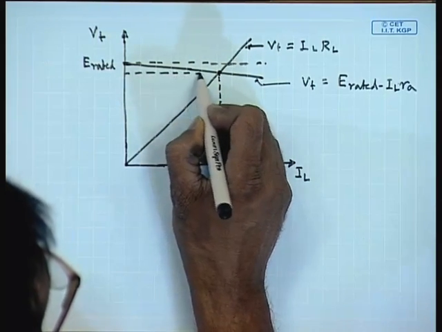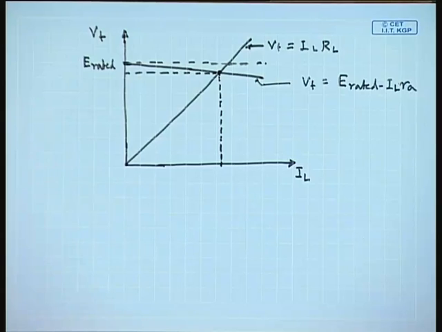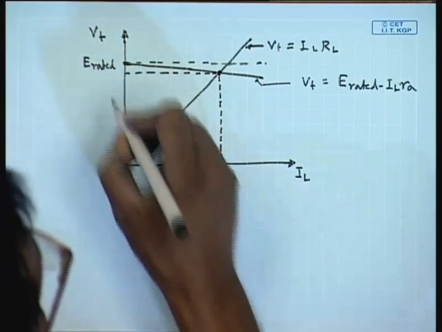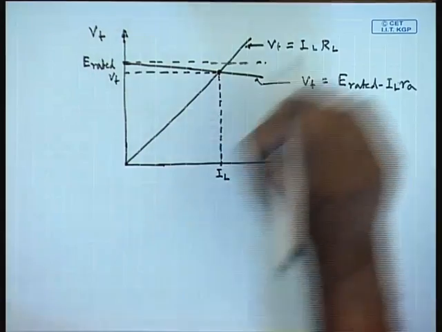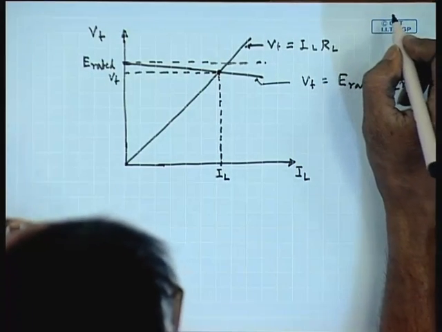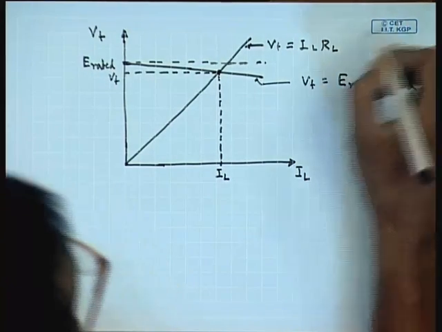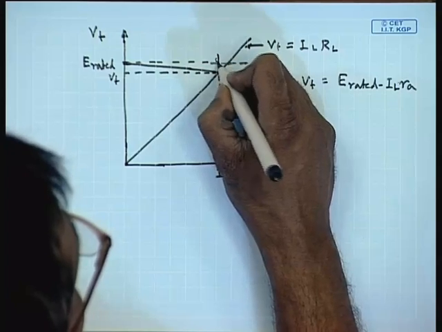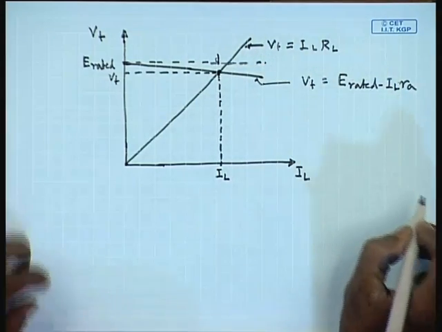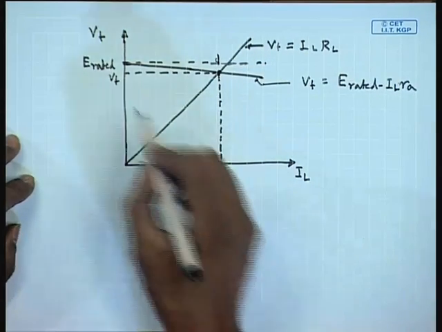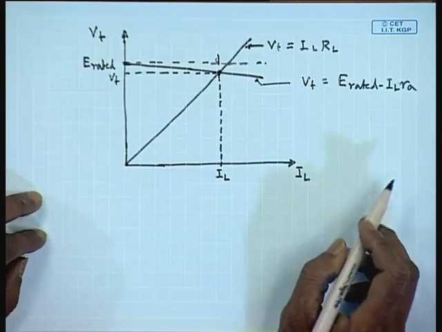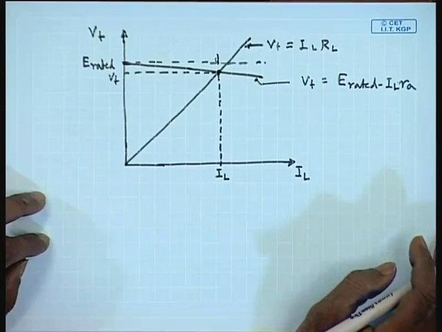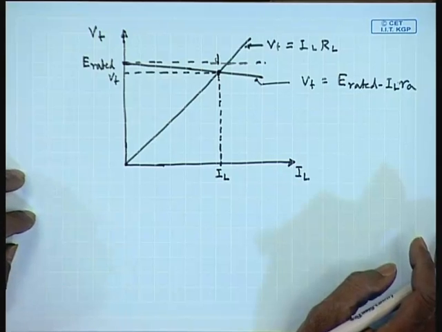This is the operating V t and this is the I L, and this is the drop due to armature resistance. The characteristics of V t versus I L is called the output characteristics or the external characteristics of the generator.